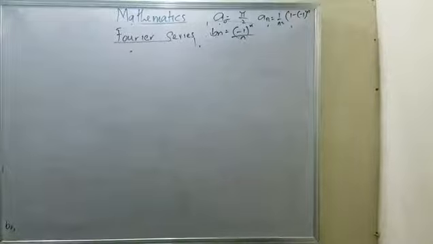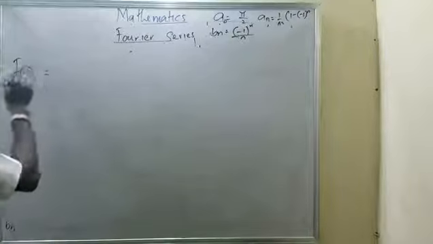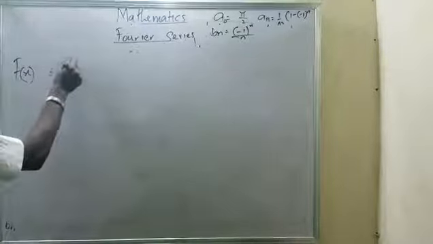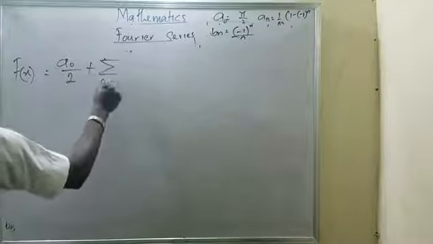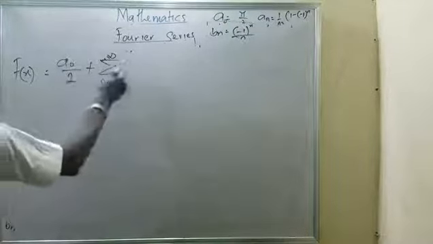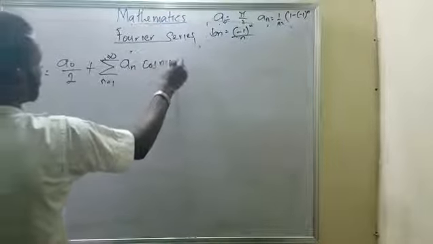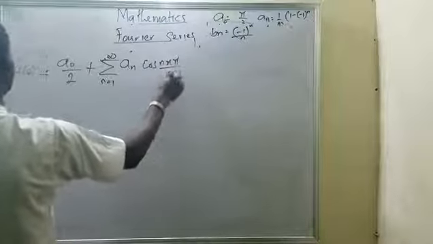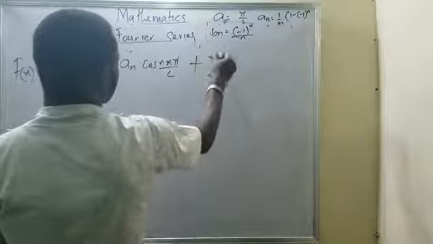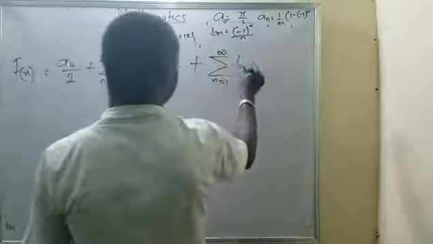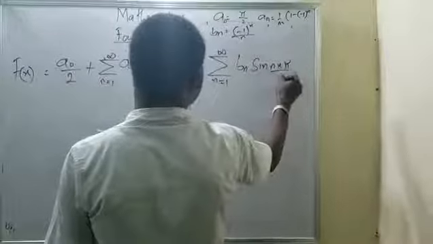Now I can now establish what I need to establish. I can now move on by having my f of x equals to, we all know that a of naught over 2 plus summation of n from 1 to infinity a of n cos nx pi all over c plus summation from n equals 1 to infinity b of n sine nx pi all over c.